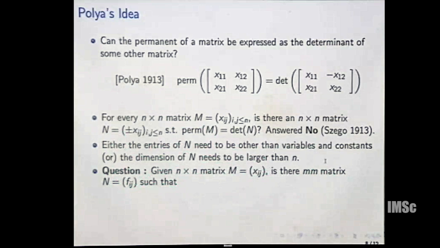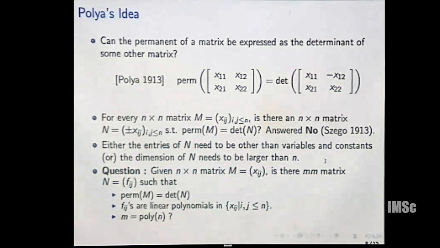Now these are fij's, some other polynomials, such that the permanent of M is the determinant of N. And these fij's are not too complicated polynomials in xij's. So they're linear. Otherwise, if you run the determinant algorithm, you are feeding in polynomials that are already very hard. So it doesn't make sense. And the matrix dimension should not blow up by much. From n cross n, you only go to poly in n cross poly in n.